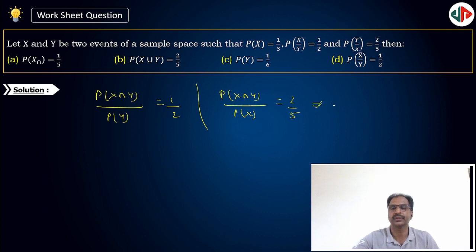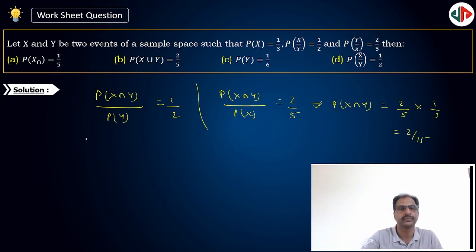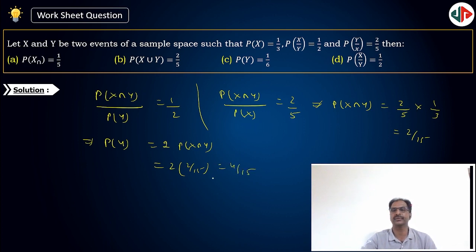And what is P of X intersection Y? 2 by 5 into 1 by 3, that is 2 by 15. And P of Y is equal to 2 times P of X intersection Y, that is 2 into 2 by 15, 4 by 15. So P of Y is equal to 4 by 15, which is not there in the options.